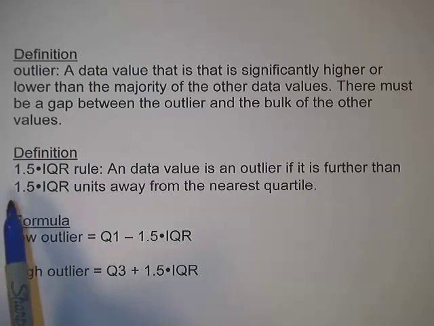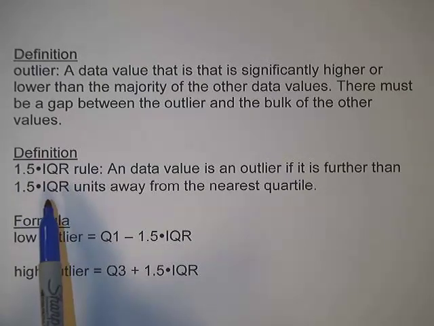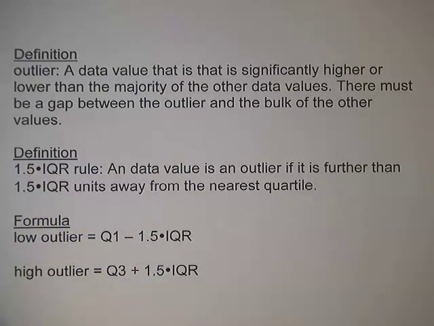Okay, so if we take 1.5 times the IQR and see if it's either that many units above Q3, or that many units below Q1, then it's either going to be a high outlier or a low outlier. To put that into a formula, a low outlier is defined as a number that's less than Q1 minus 1.5 times the IQR.